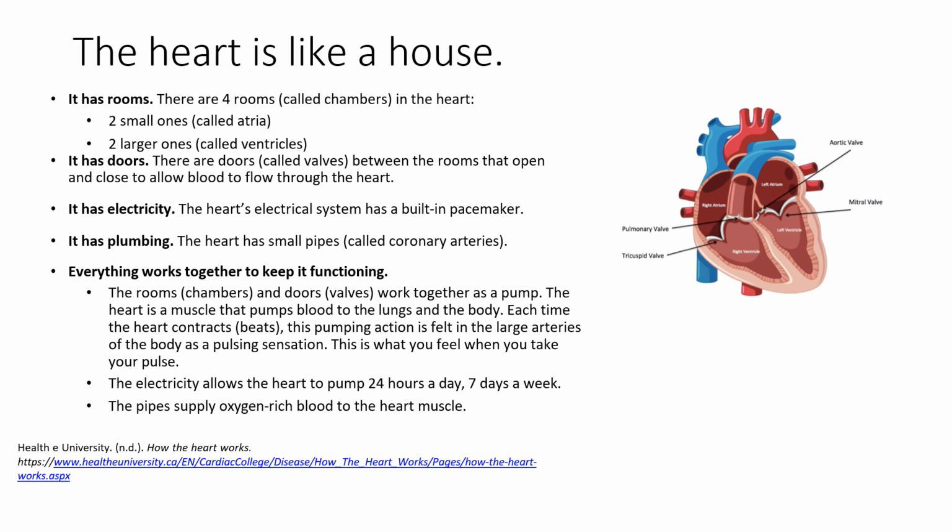Between each of these chambers, there are doors, and these are called valves. These valves open and close to allow blood to flow through different parts of the heart, through the chambers at different points in time.